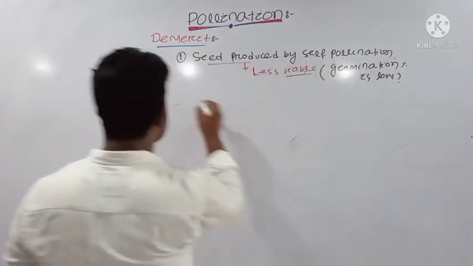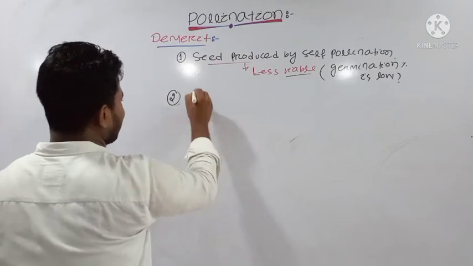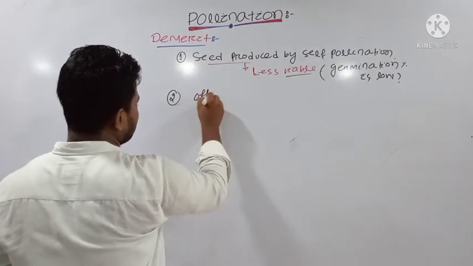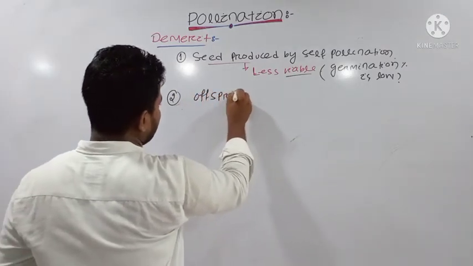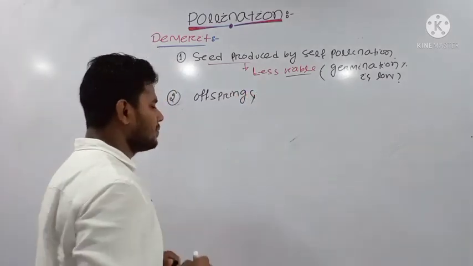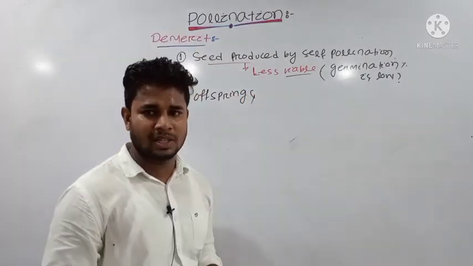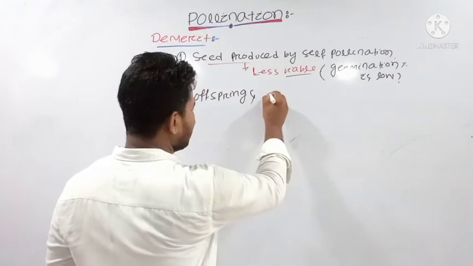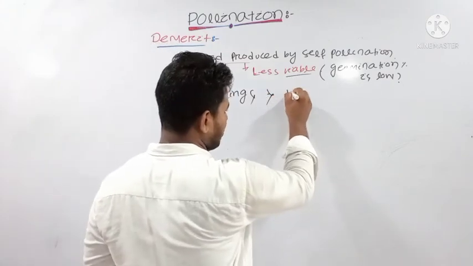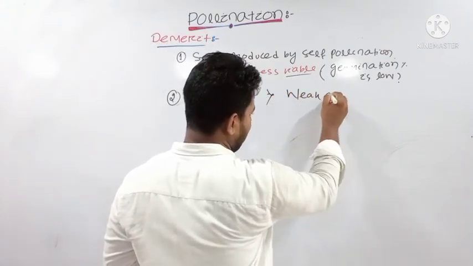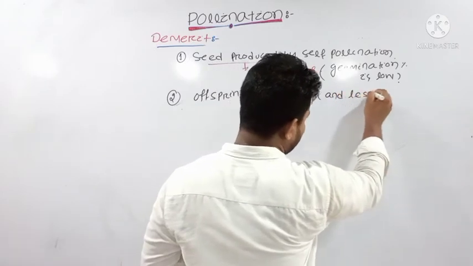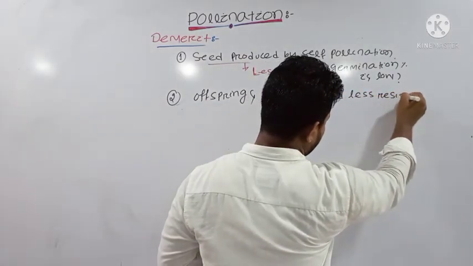Another important demerit concerns the offspring produced from the parent plant. Usually they are weak and less resistant.